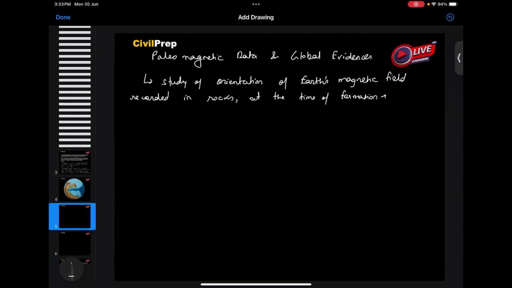It is basically a part of paleoclimatology, which reconstructs the Earth's climate and tectonic past.